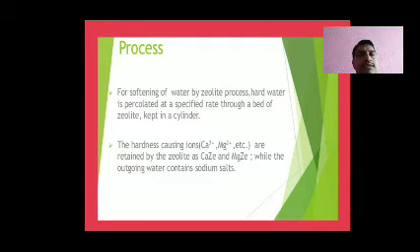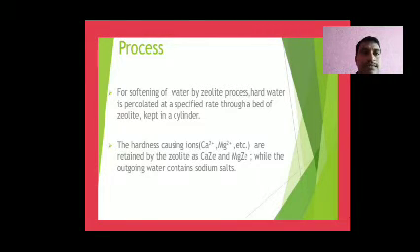What is the process? When hard water is passed through permutit packed in a container, the sodium ions present in permutit are replaced by the calcium and magnesium ions present in the hard water.